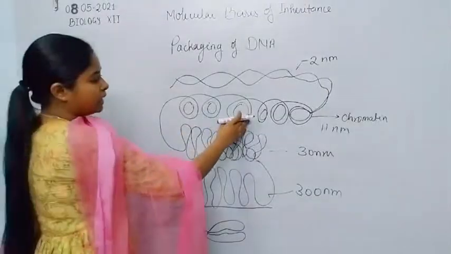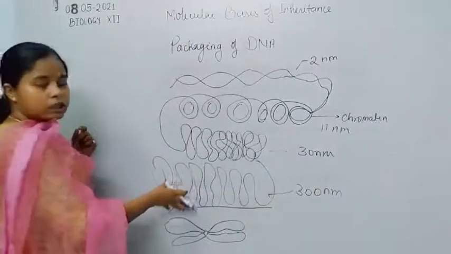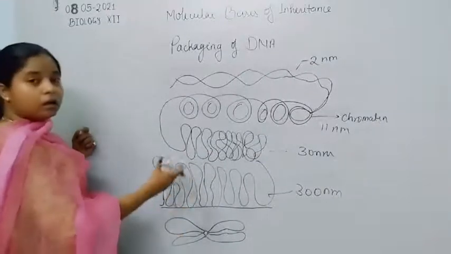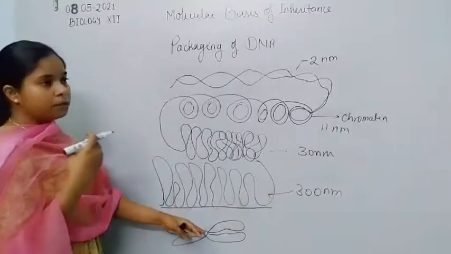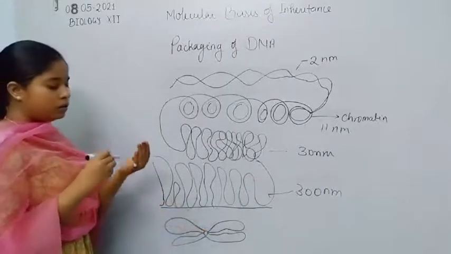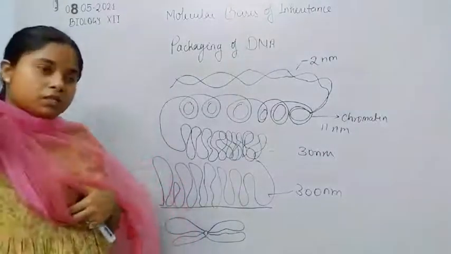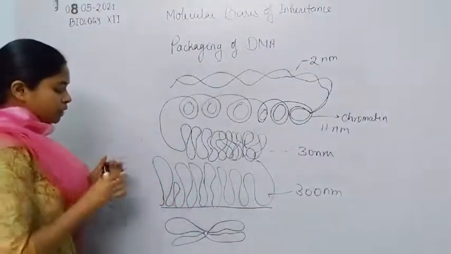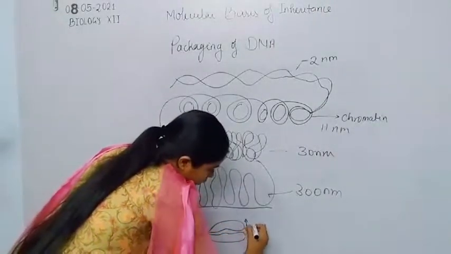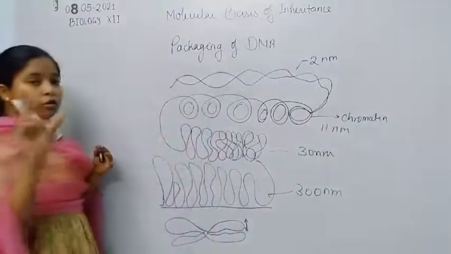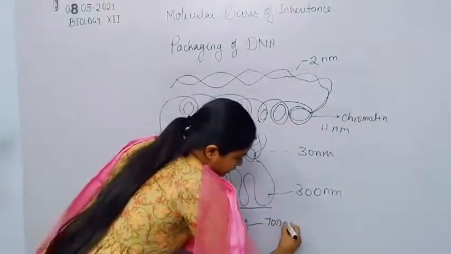Here the chromatin becomes more condensed and forms the protein scaffolding, and here is the chromosome structure which is condensed in metaphase for the proper division of the genetic material. The width of one chromatid fiber is only 700 nanometers.